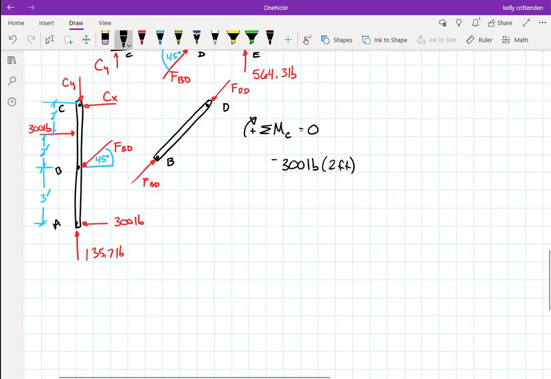Probably not going to do that, just going to go in and do X and Y components of BD, and only the X component does anything about C. The Y component line of action actually passes through point C, so it's only the X component. And the way I've drawn it, it would create a counterclockwise moment, oh no, a clockwise moment, so it'll be positive.